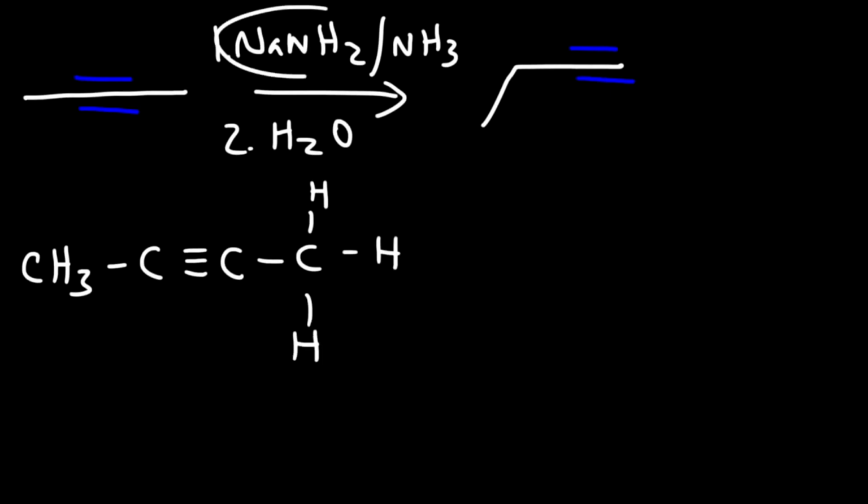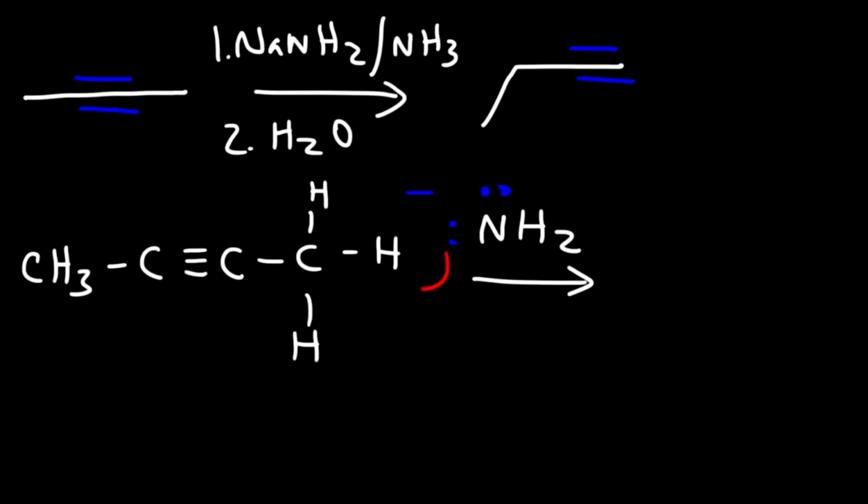So in NaNH2, the NH2 minus ion is a strong base. It has 2 lone pairs and the negative charge. So it's strong enough to take off this hydrogen, put in a negative charge on a carbon. Now this step is reversible, so it can go backwards. So right now we have this intermediate.